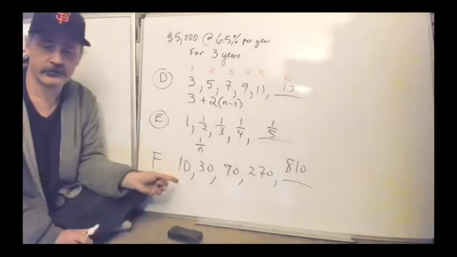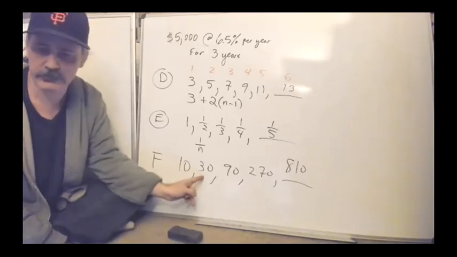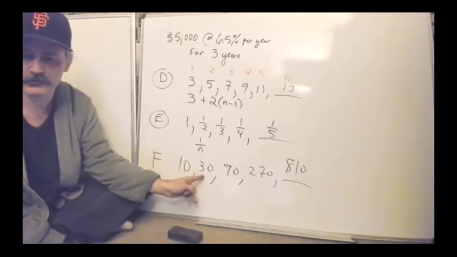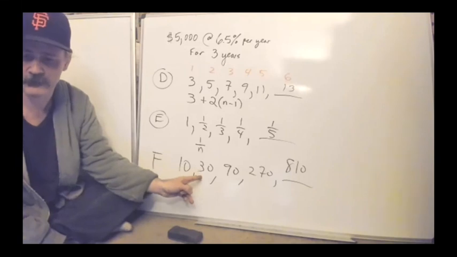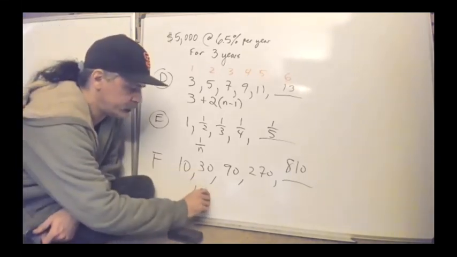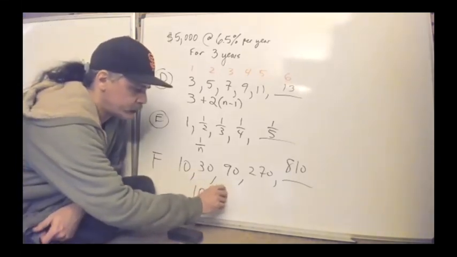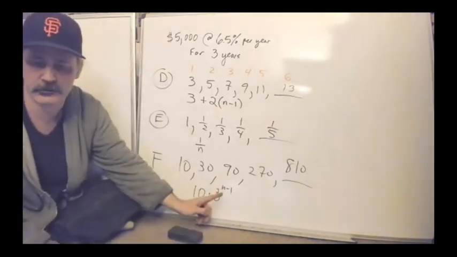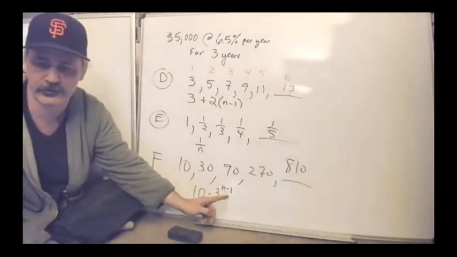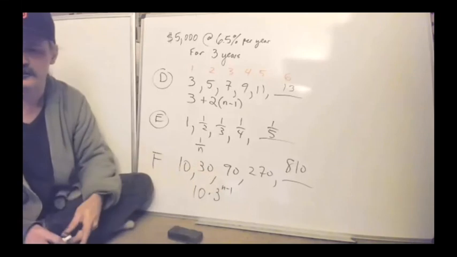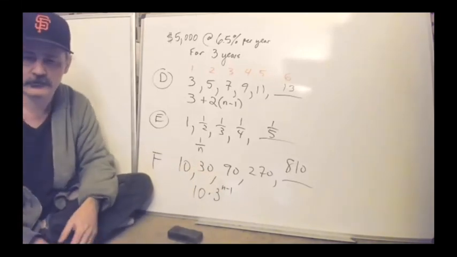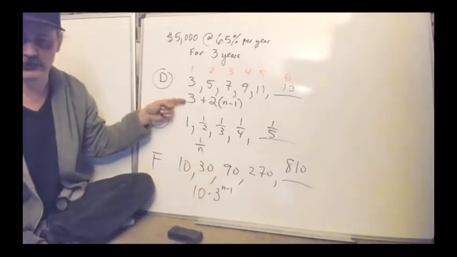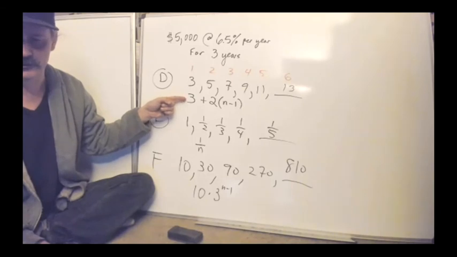In this rule, the second number is the first time we multiplied by 3. So we're starting at 10, and then we begin to multiply by 3, and then I'll use an exponent n minus 1, because when n is 2, that's the first time we multiplied by 3. Okay, we're going to come back after a break, and we're going to look at these types of sequences.